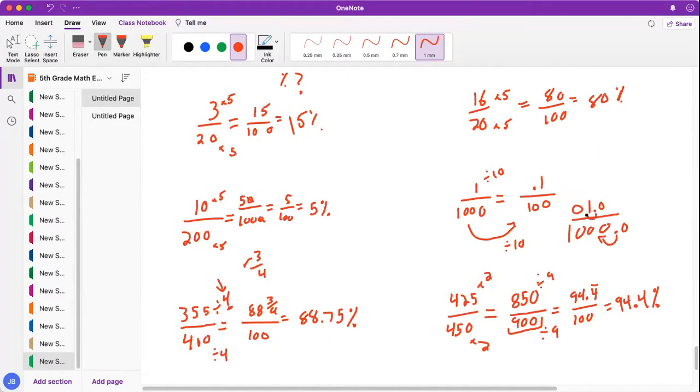We can move that decimal over. And that's the same as dividing both by 10. Then we get this 0.1 out of 100. And that's the same as 0.1%. Does that make sense? Perfect. Or 0.1%.